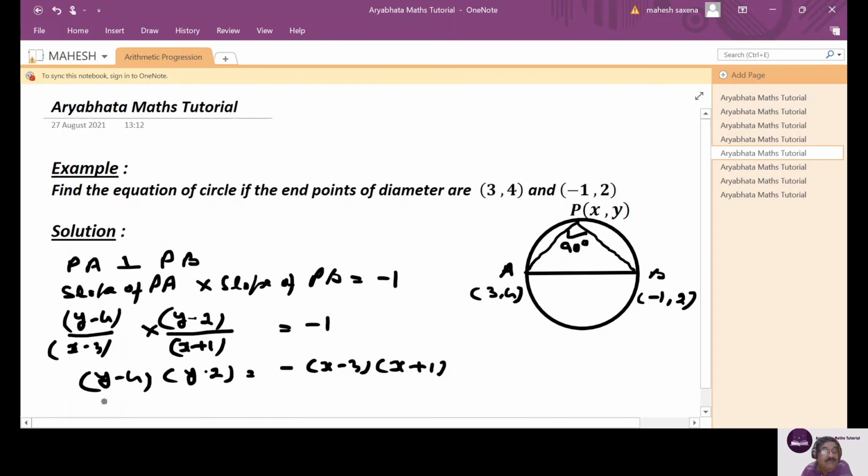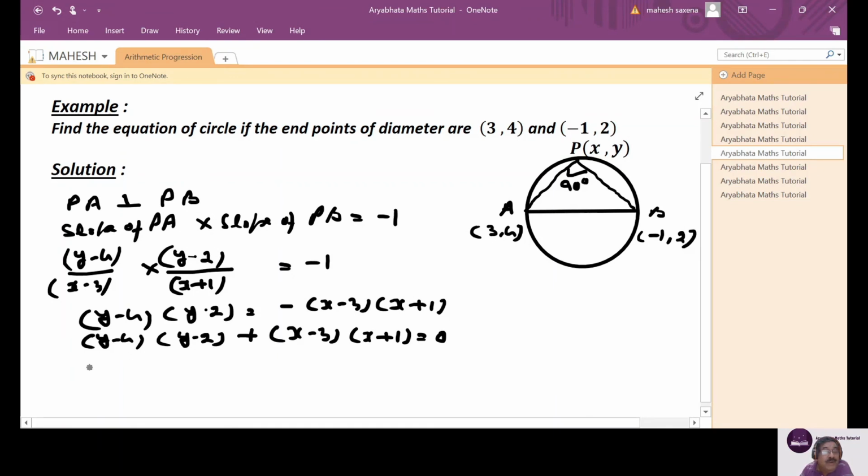This can be written as y minus 4 into y minus 2 plus x minus 3 into x plus 1 is equal to 0. By multiplying these two, we get y square minus 4 minus 2, that is minus 6y, minus 4 into minus 2, that is plus 8, plus x square minus 3 plus 1, that is minus 2x, minus 3 plus 1, that is minus 3, is equal to 0.